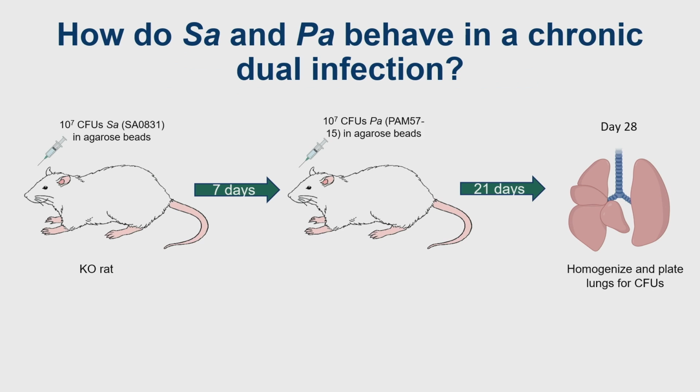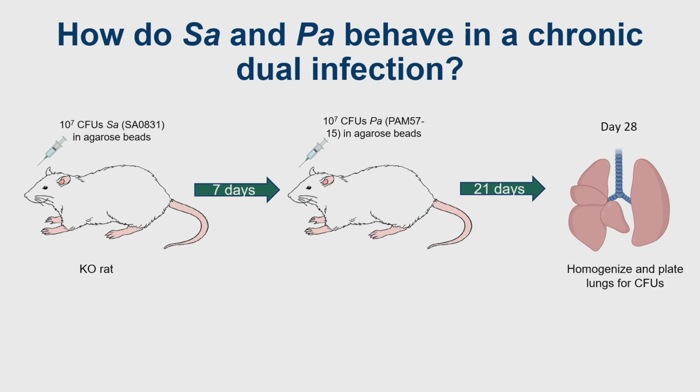Knowing that, we really wanted to understand how Staph and Pseudomonas behave together in the CF lung during chronic dual infection. To recapitulate the sequence of infection seen in people with CF, we first infected our rats with Staph aureus at 10 to the 7th CFUs in agarose beads. The strain we used is SA0831, a MRSA strain isolated from someone with CF.